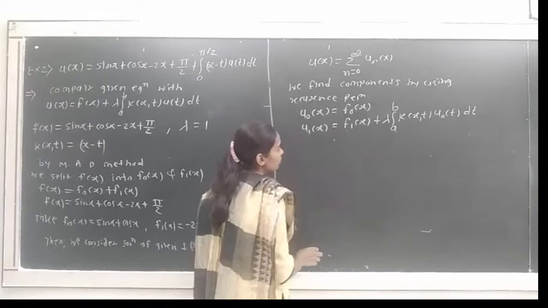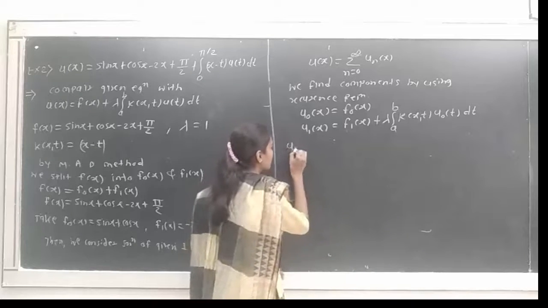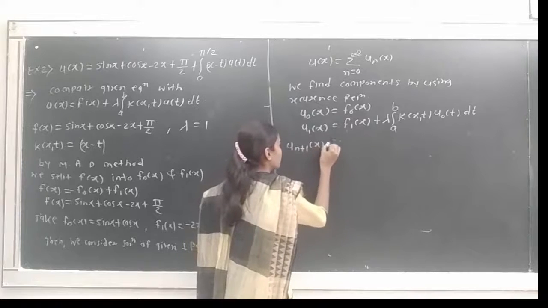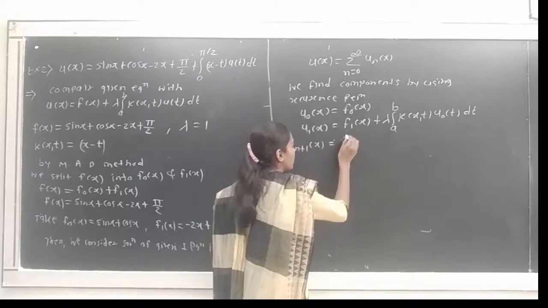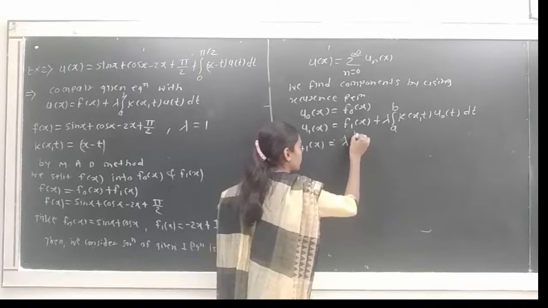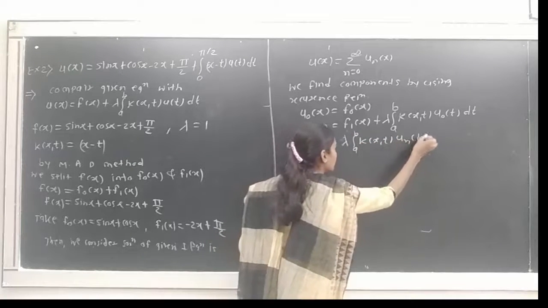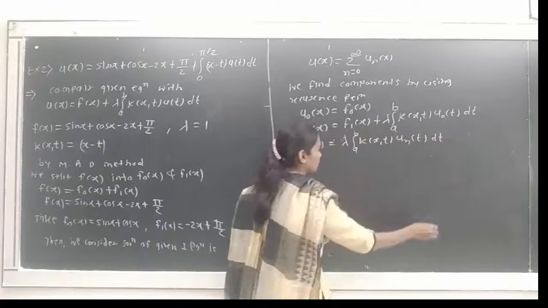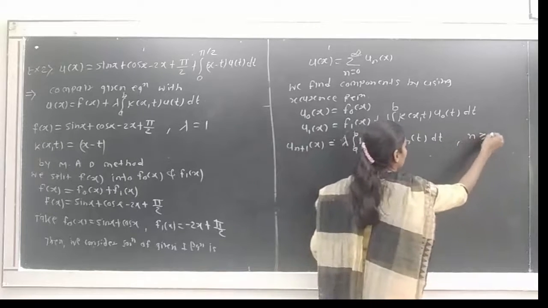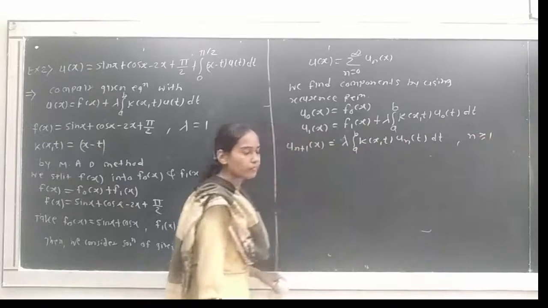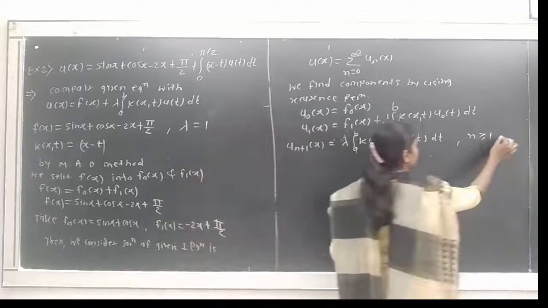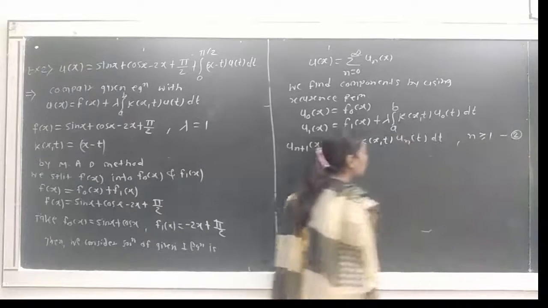All other components can be found by using the recurrence relation un plus 1 of x is equal to lambda integration from a to b k of xt into un of t dt for n greater than or equal to 1. Take it as equation number 2.